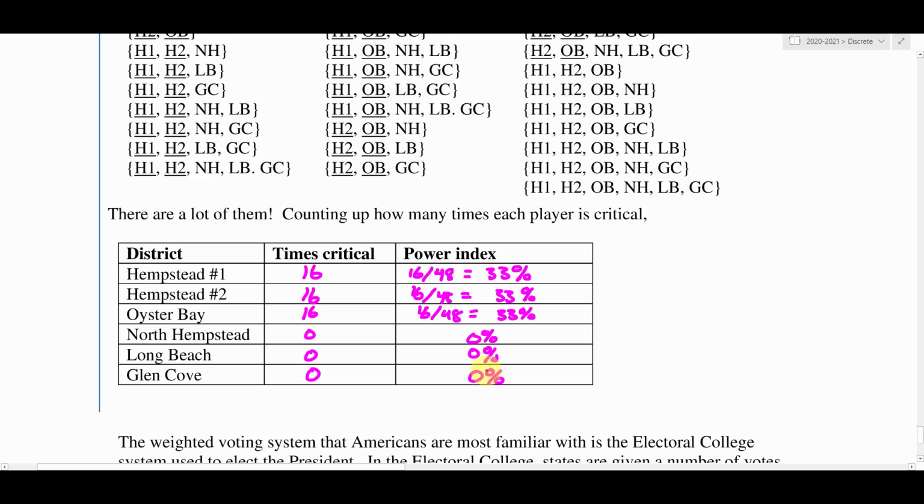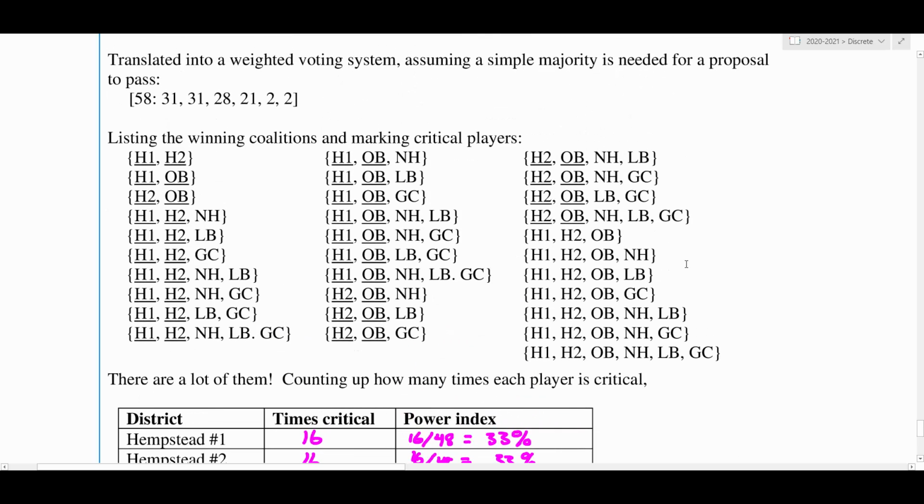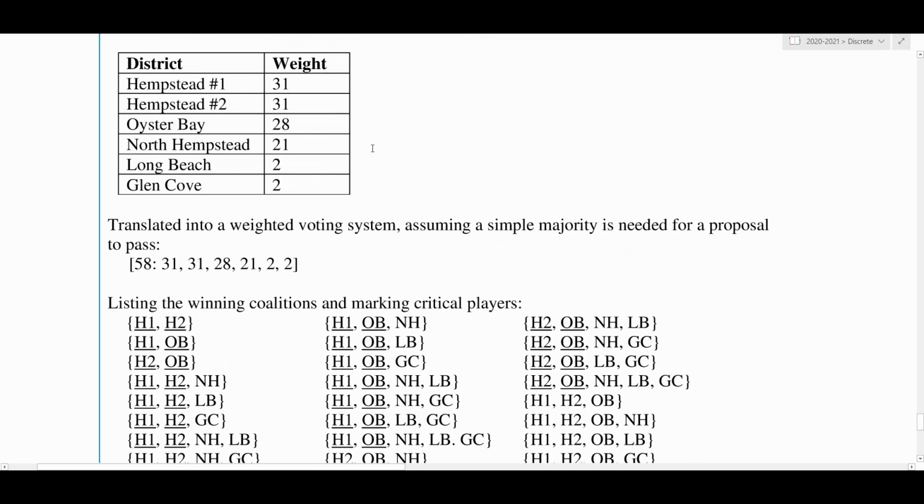We have 3 districts in a weighted voting system that have absolutely no power. We have 3 dummies, and then we have 3 players up here that have all of the power. And this is just how things fell naturally in this voting system because of the way that the districts were populated. So I don't think there was an intention of being unfair, but I don't know if population is the best way to distribute weights.